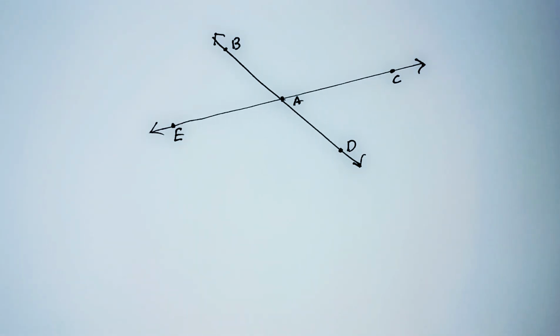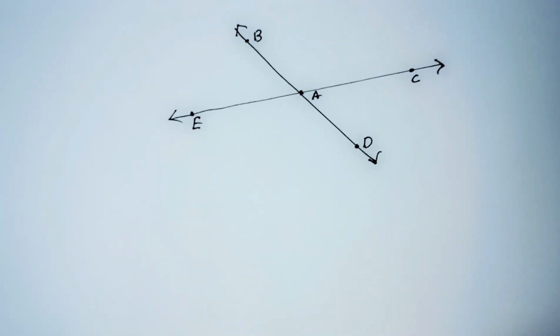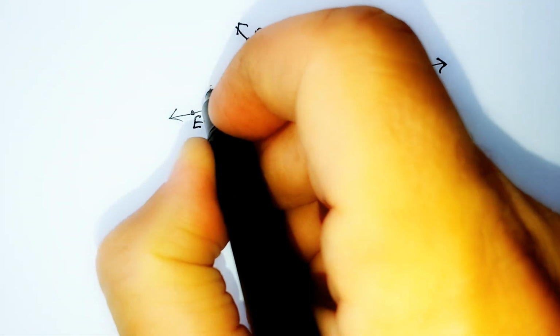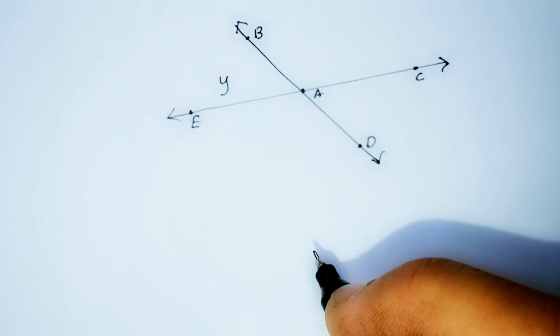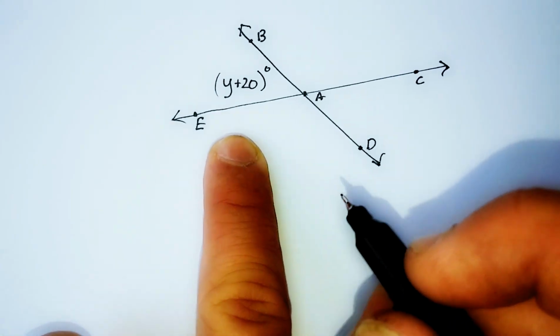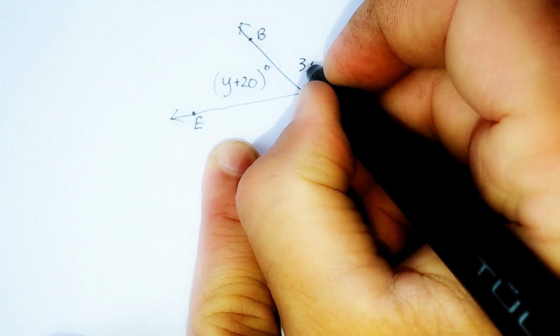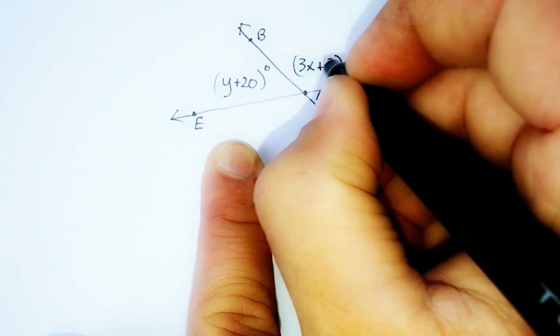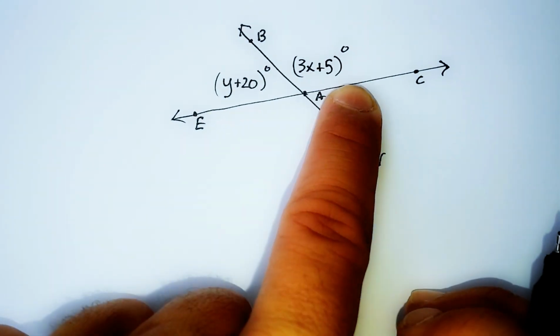variables in it, okay? So let's say that this one is y plus 20 degrees, all right? So let's do that and just put degrees out there. Let's say this one is 3x plus 5 degrees.